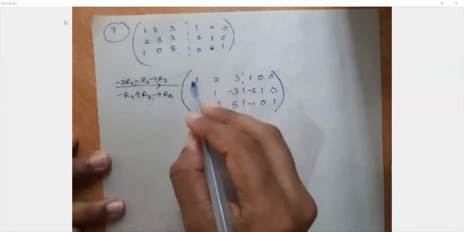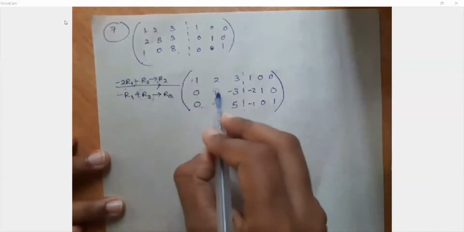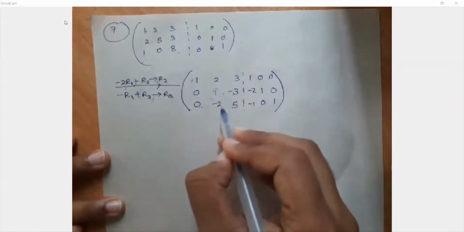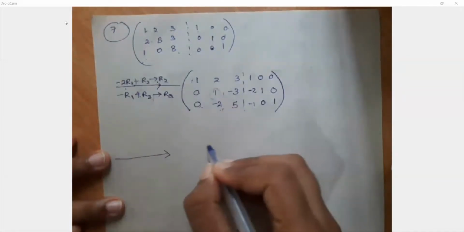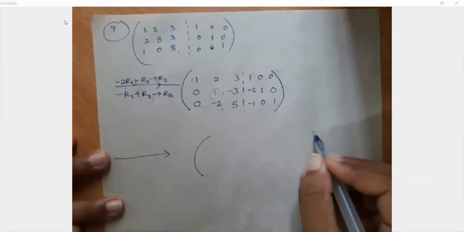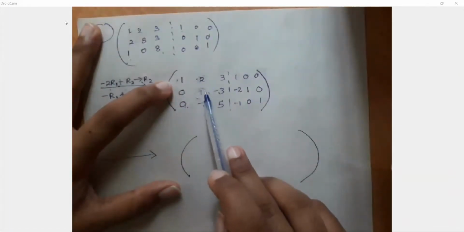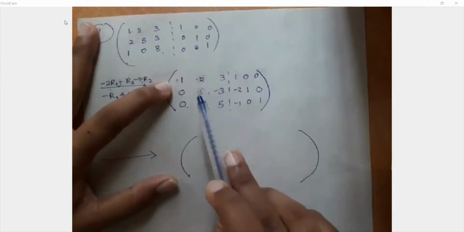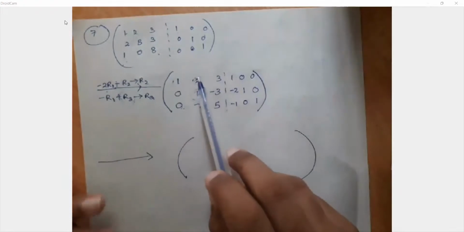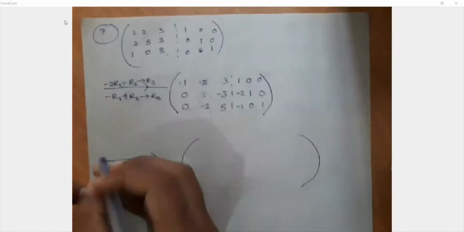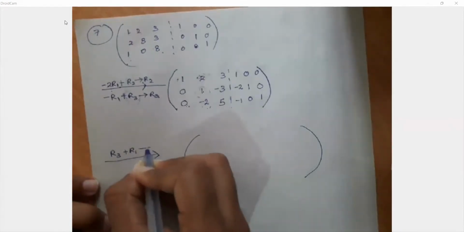Now we have the leading one and all the other entries are 0 in that column. I will make this one into a leading one by making these elements into 0. I want to make this into a 0. I will add R3 to R1 and put the answer in R1.